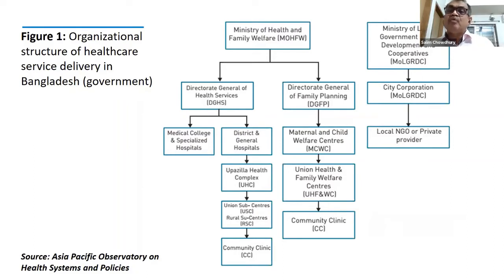And the Ministry of Local Government, Rural Development and Cooperatives is responsible for providing healthcare services to the people living in the metropolitan cities through the urban primary healthcare services delivery package.